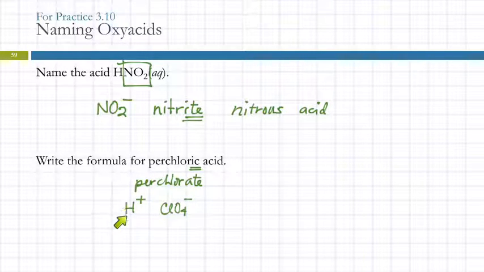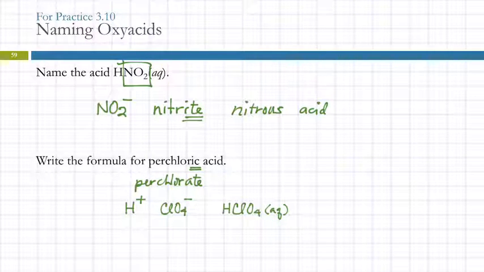We can use the charge on the hydrogen ion and the charge on the anion to know how many hydrogens we need to put with this. So since perchlorate is a -1, we just need 1 hydrogen, and this is perchloric acid, and then it's a nice touch to put (aq) on there. Any questions?